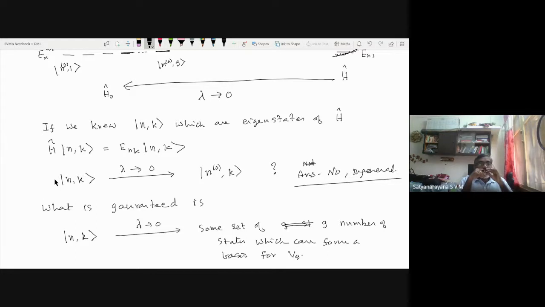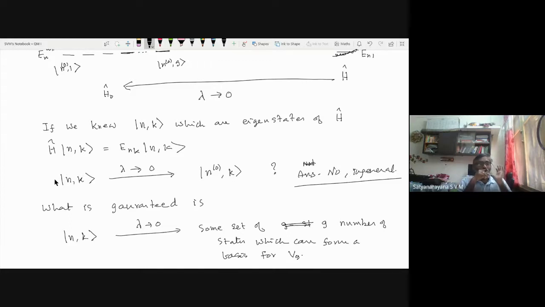This n0 k also forms a basis, but it is not necessary that it will come to that basis. It will go to some basis.